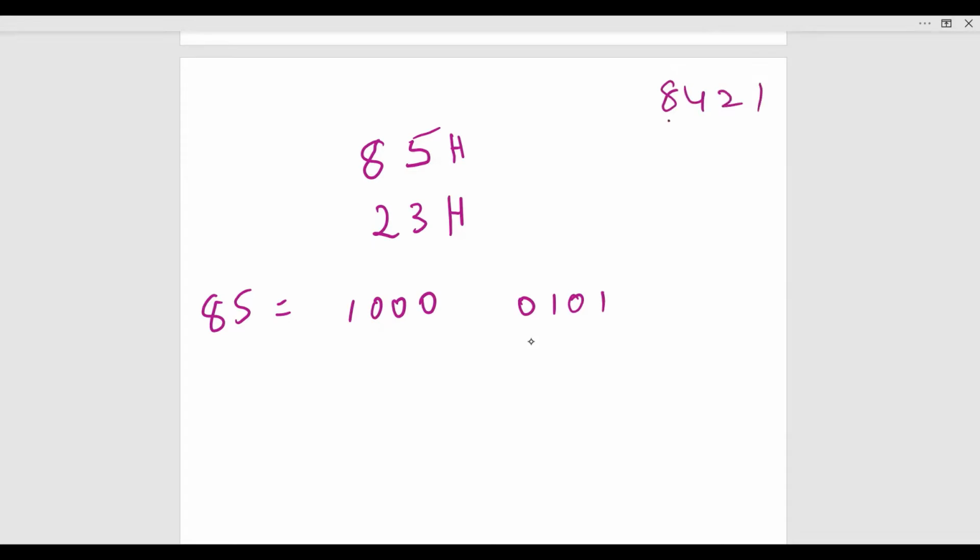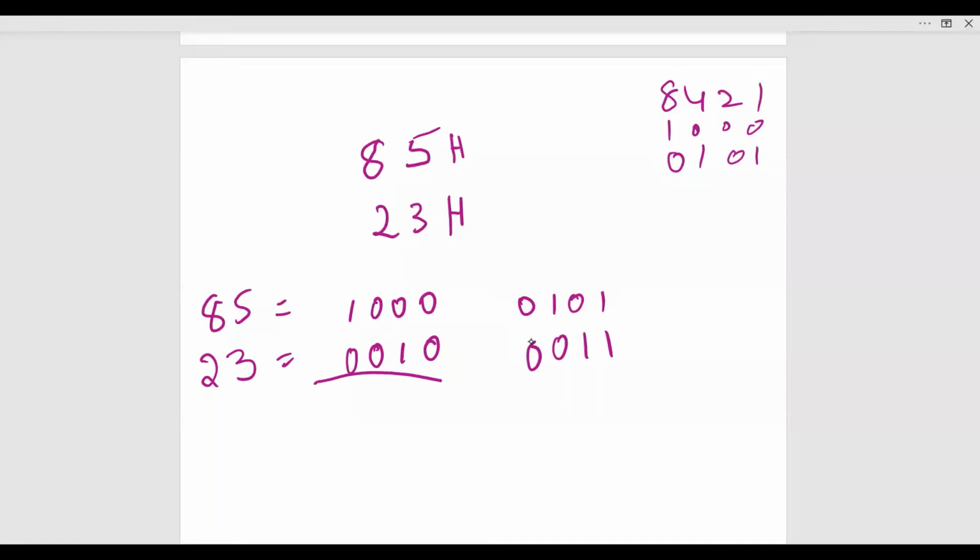Suppose it is 8, it is 1000. If it is 5, it is 0101. Similarly, you can write the binary equivalent of any hexadecimal number. The second number is 23. So write the equivalent of 2, that is 0010, and of 3, 0011.